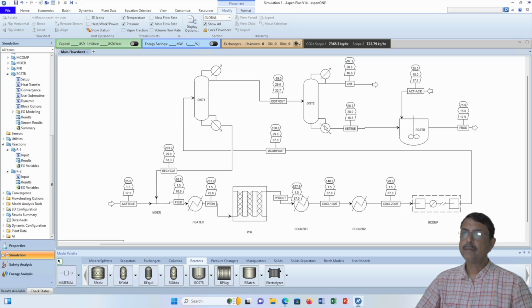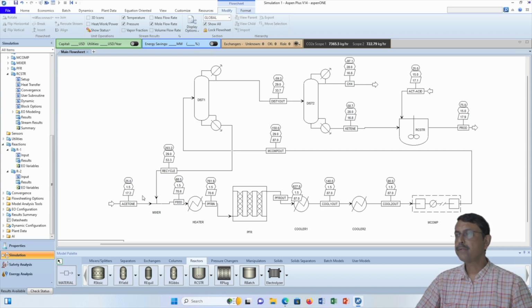While the bottom product, ketene, is coming at 58.7 degrees centigrade, and this is going inside the CSTR. It is reacting with acetic acid, and the product, that is acetic anhydride, is being produced at 75 degrees centigrade.